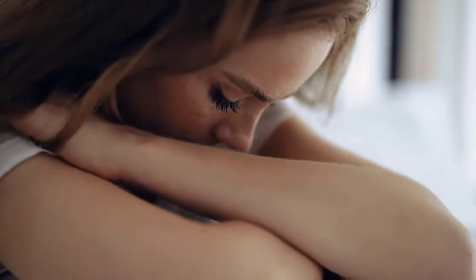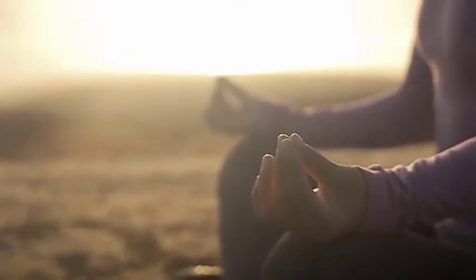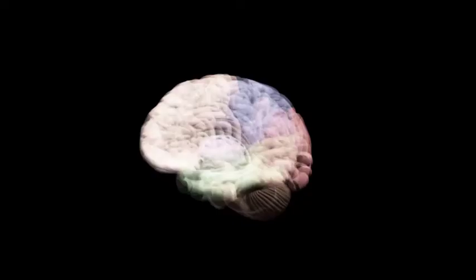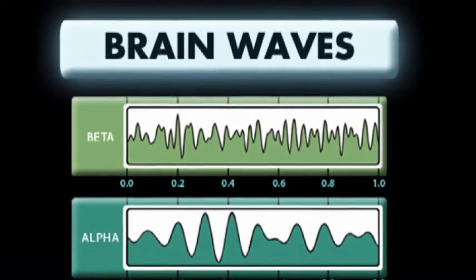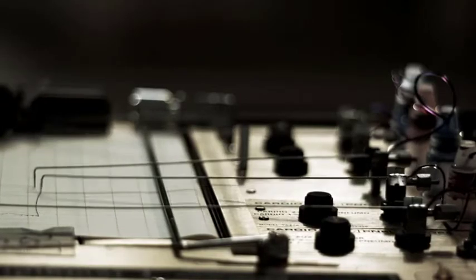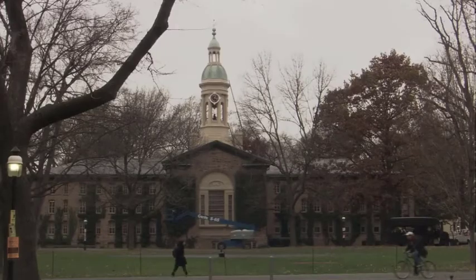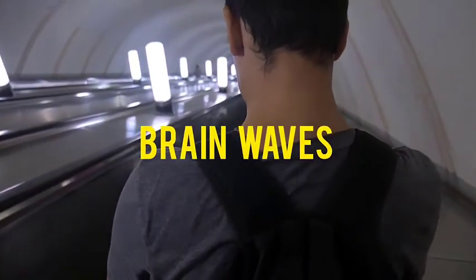Think about beta brainwave patterns as your attention primarily on your outer environment. So we've talked about the principle of meditation and beginning to regulate and change your brainwaves. Is it possible then that you can begin to change your brainwaves from beta to alpha? Well, back in the 60s and 70s, when there was a lot of research done on biofeedback, researchers at Princeton University spent an enormous amount of time trying to change their brainwaves.